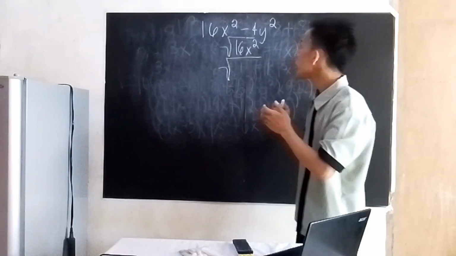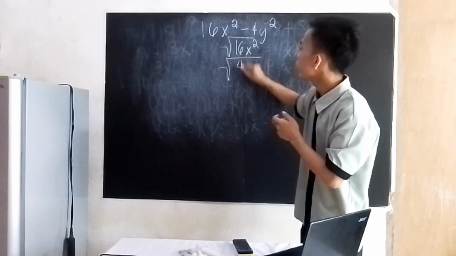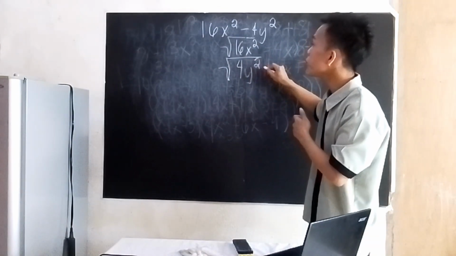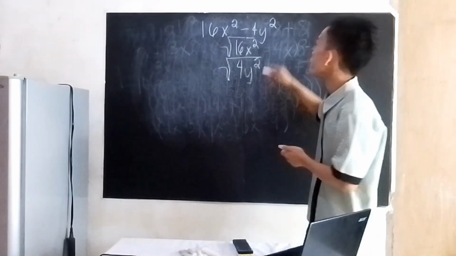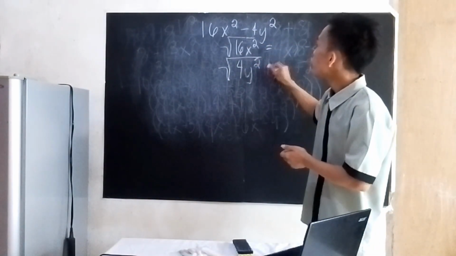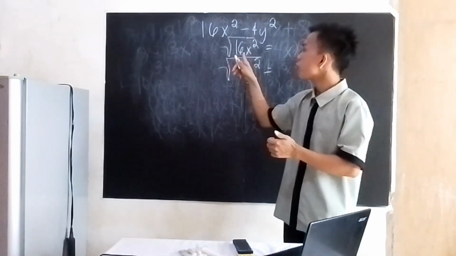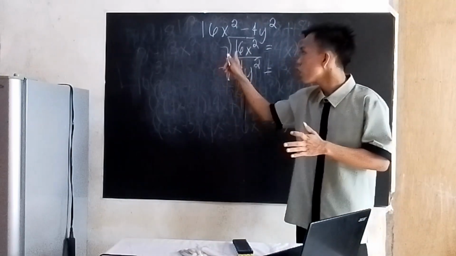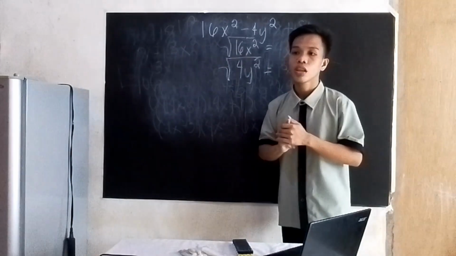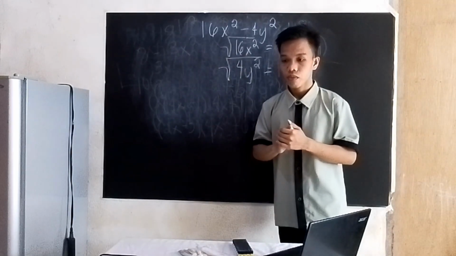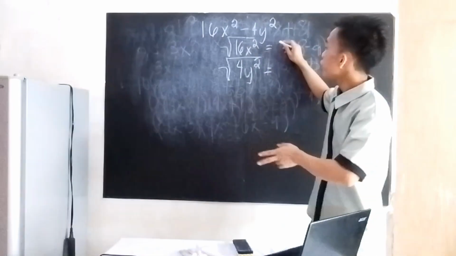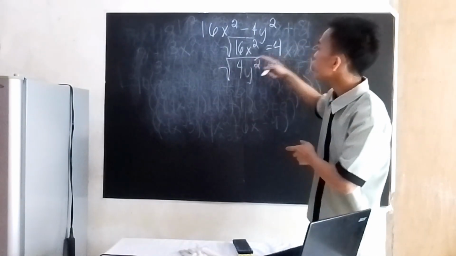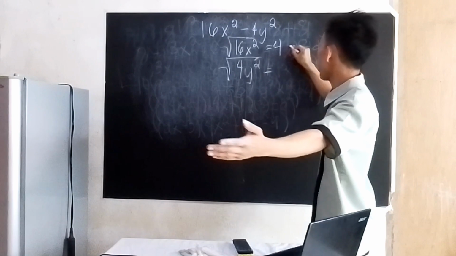That's right, we are going to put only 4y squared because it will become imaginary if we put the negative sign. What is the square root of 16x squared? Focus first on the coefficient. That's right, the square root of 16 is 4 and the square root of x squared is x.